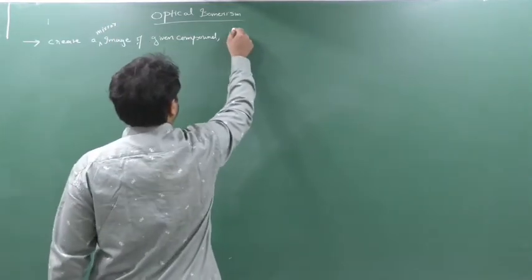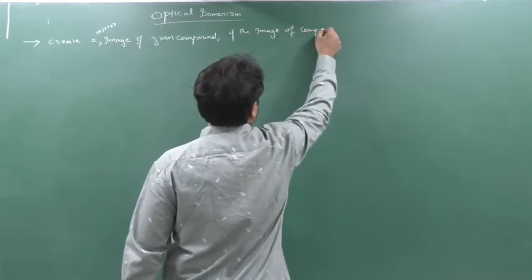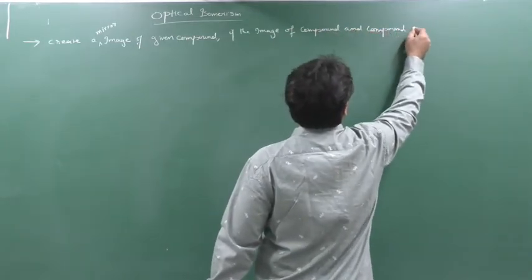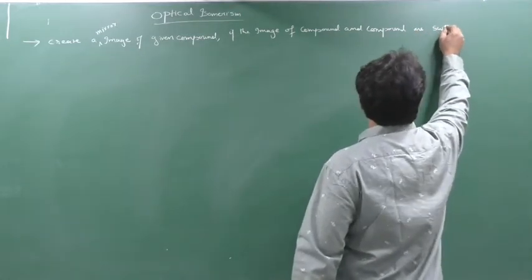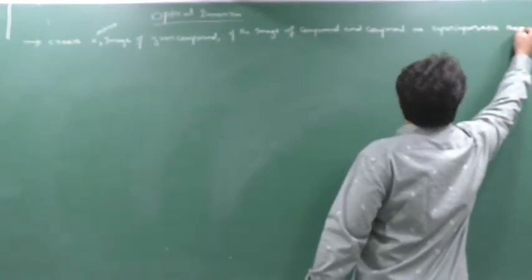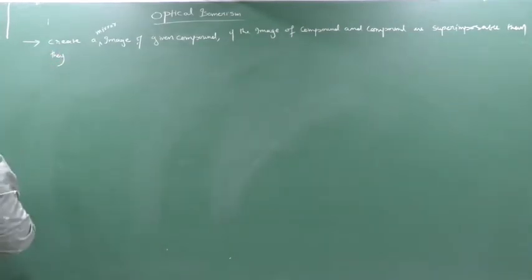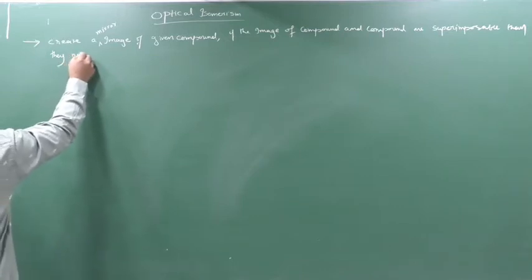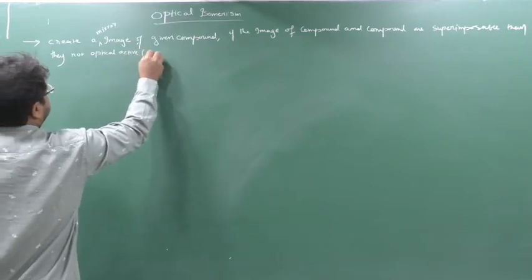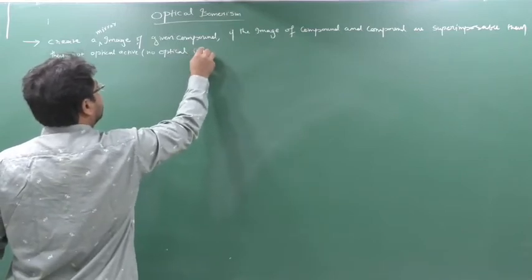If the image of the compound and the compound itself are superimposable, then they are not optically active, or I can say there is no optical isomer.